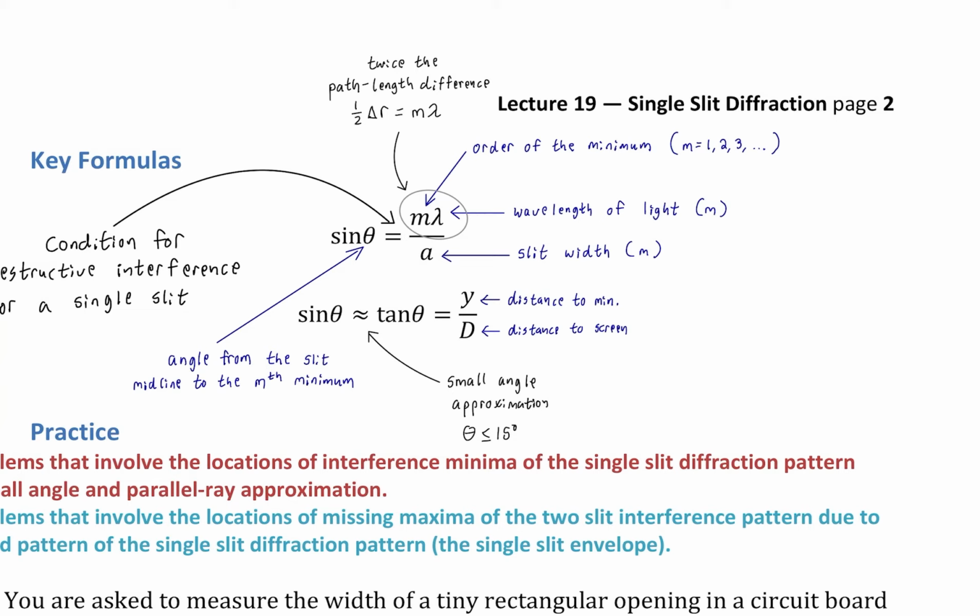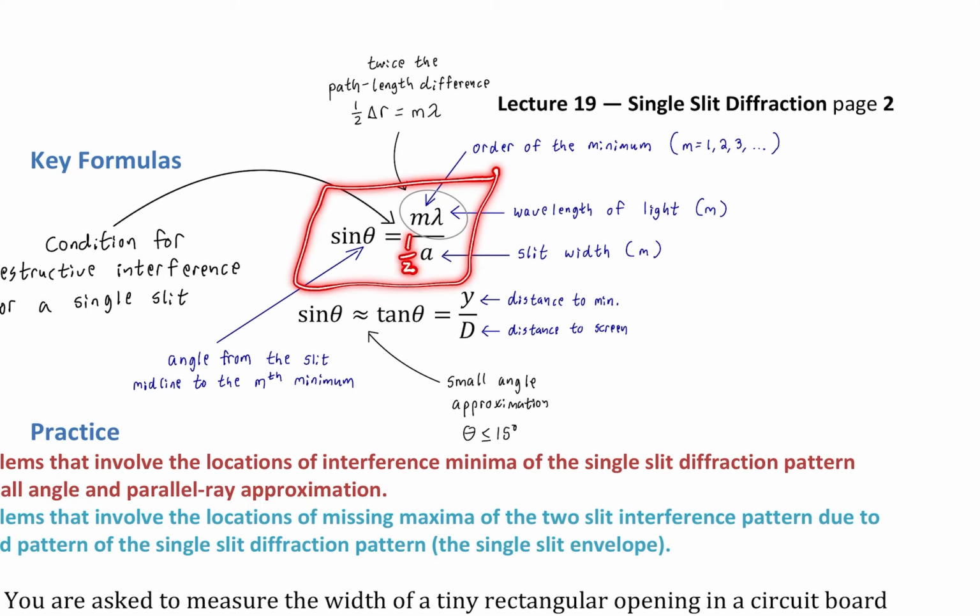Well, it's because the actual path length difference built into this formula is such that 1/2 of the path length difference is equal to m lambda. So in other words, m lambda here is not the path length difference. It's 1/2 the path length difference. Well, where'd the 1/2 go? It canceled with 1/2 a, because in the derivation of this, there was a 1/2 a.